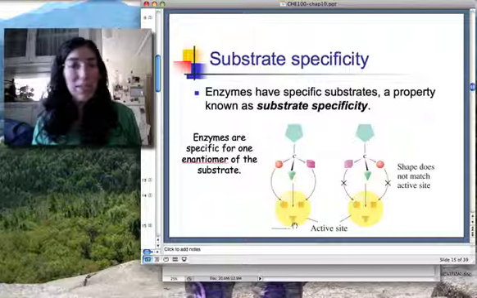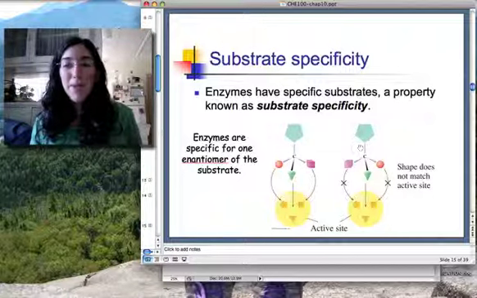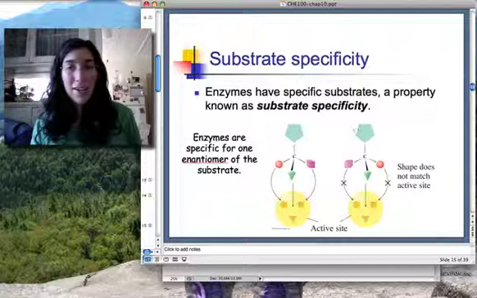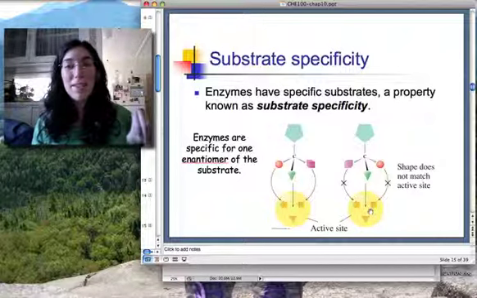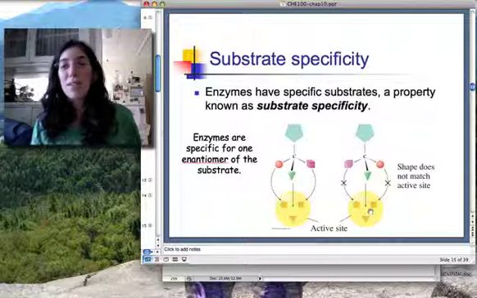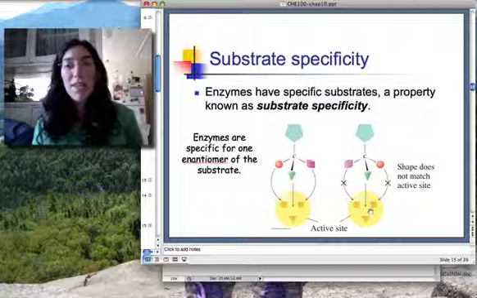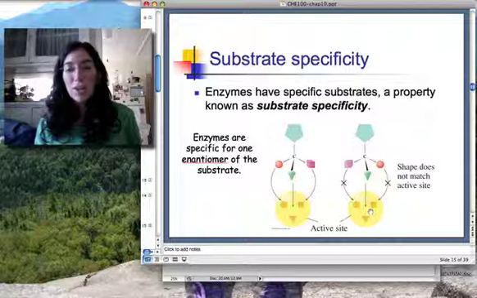It fits perfectly into the active site, but L-glucose, the enantiomer, does not fit in the active site. So enzymes are very specific to their substrates. They're very picky. They only bind the one thing. They have one job and one job only, and they're very good at that specific job.